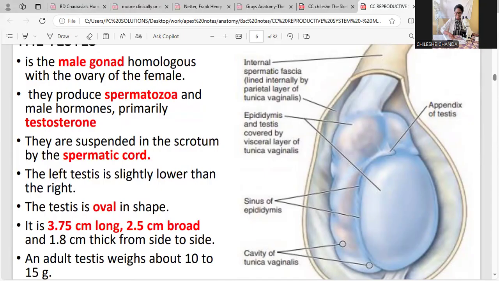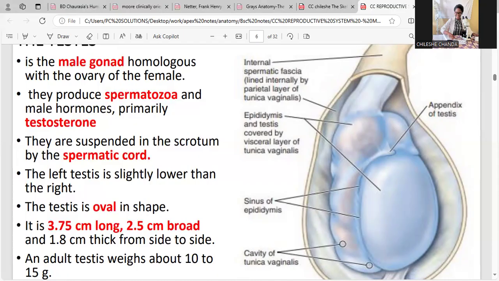And they are homologous with the ovary of the female, meaning they produce the sperm, they produce the hormones that are needed, okay? So they produce spermatozoa and they produce this hormone known as testosterone. We're going to look at the cells that produce testosterone. These are the Leydig cells, okay?